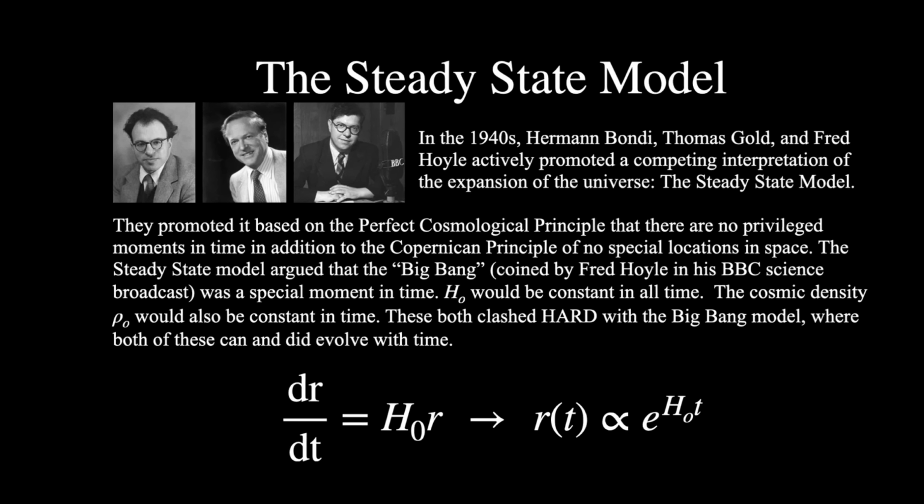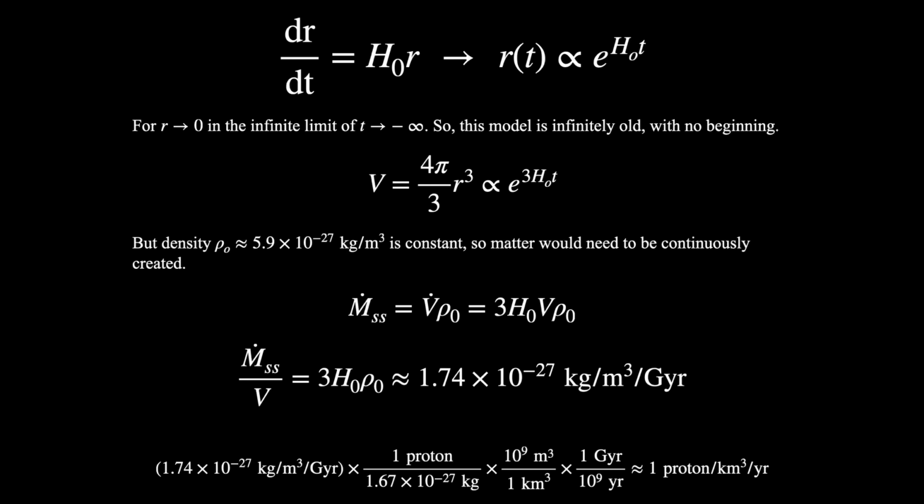With a functional form of an exponential, where v is equal to the derivative of the distance with respect to time, we can then say, wait a second, if you take r, which is the distance, and run it backwards in time, meaning getting it smaller and smaller and smaller, we find that to get to 0, we have to go back an infinite amount of time. So time has to go to negative infinity for r to go to 0. Therefore, in the steady state model, the steady state universe is infinitely old and has no beginning.